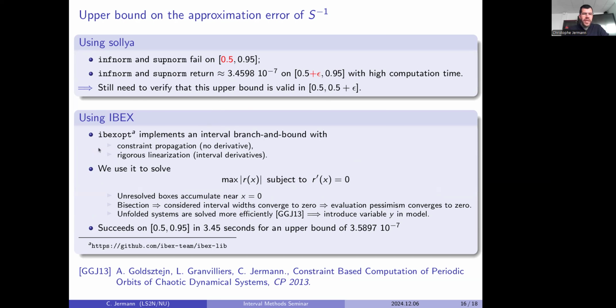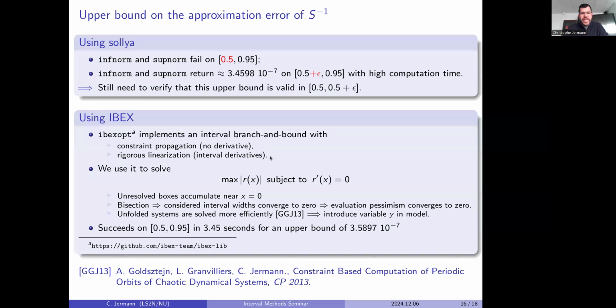For this purpose, we used IBEX-opt, which is a global optimization algorithm built upon the IBEX library, which was developed in Nantes and by a lot of other groups in France. It implements an interval branch and bound, and uses constraint propagation without derivatives.